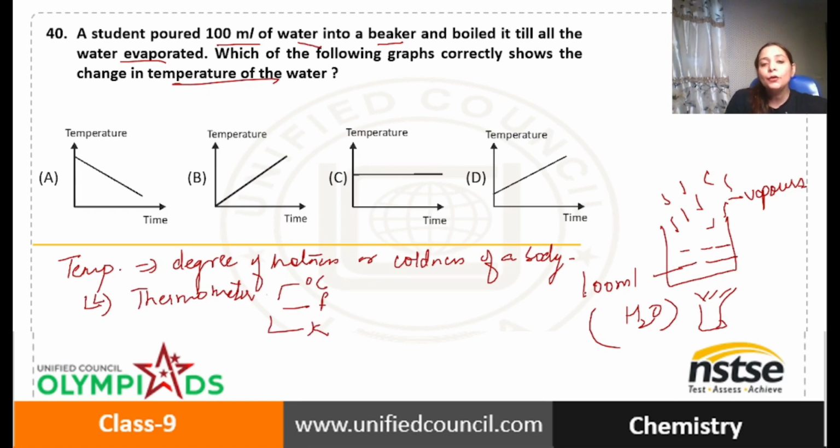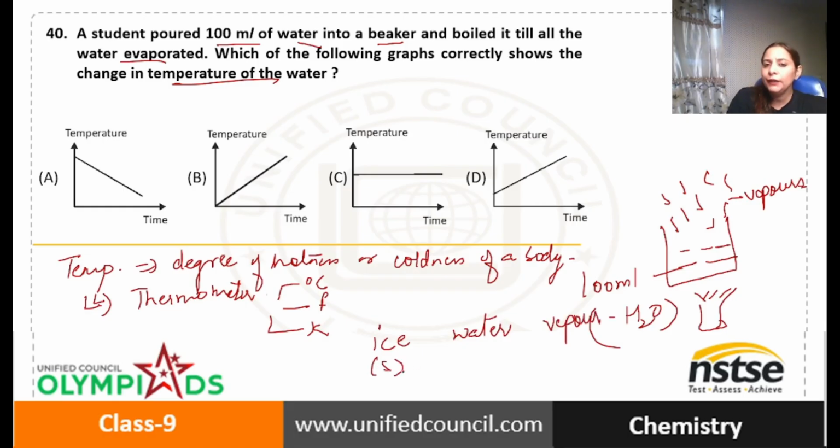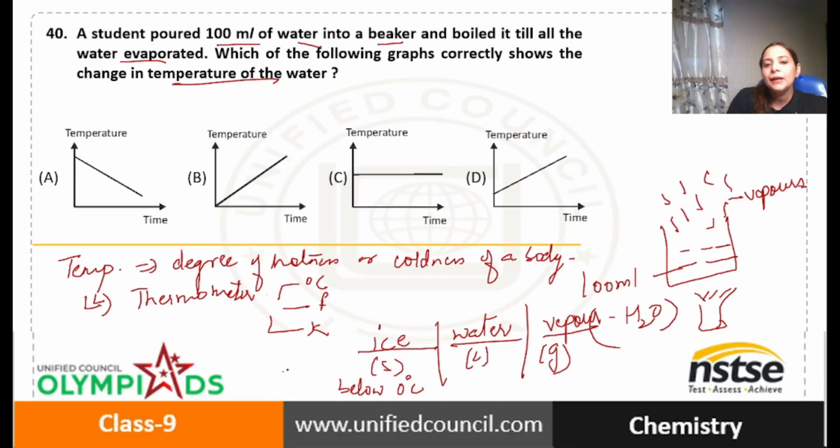Now talking about water, we know that water exists in three states: ice, water, and vapor or steam. It is solid form, liquid form, and gaseous form of water. Now we know that the melting point of ice is 0 degrees Celsius, and the boiling point of water is 100 degrees.